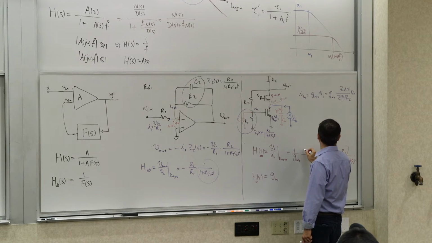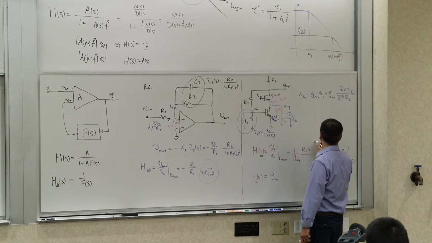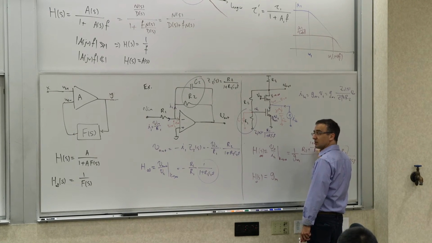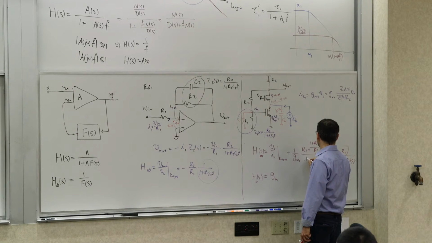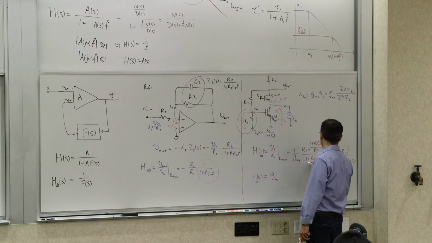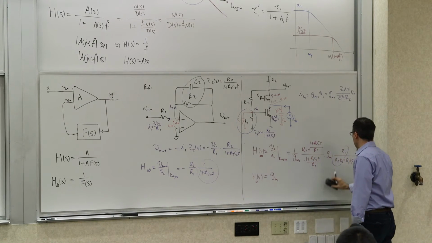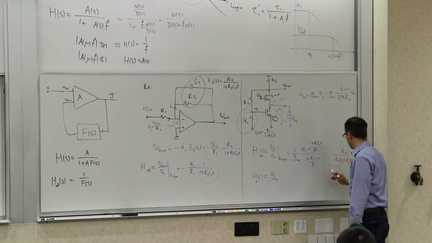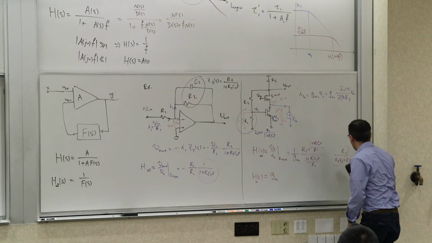It will become R2 plus R1 plus R1 C1 S over R1, and then in the denominator, I get 1 plus R1 C1 S over R1, and here I get the same thing upside down.